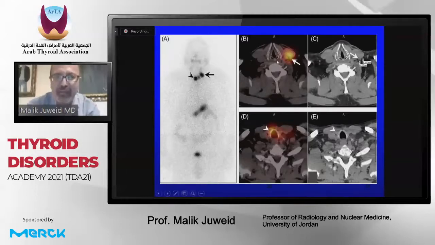Here is the fused CT and iodine scan, and you can see increased uptake here corresponding to a lymph node, about 1 by 0.5 centimeter, while down here you will see increased uptake in the thyroid bed alone. So with this, this was a pre-therapy scan, we decided to give the patient a high dose of 150 millicuries to treat known established disease by our imaging modality.